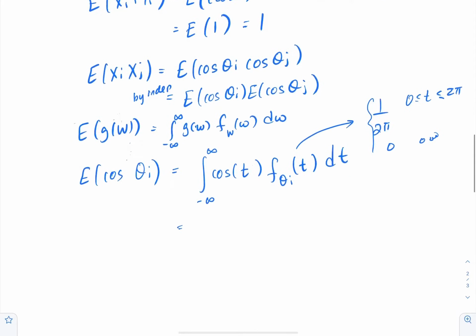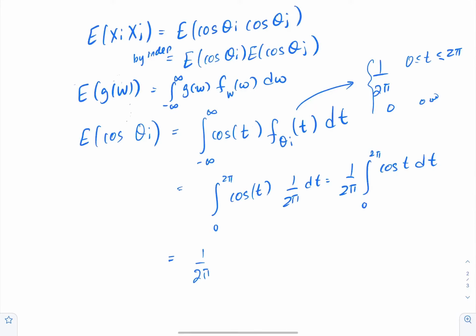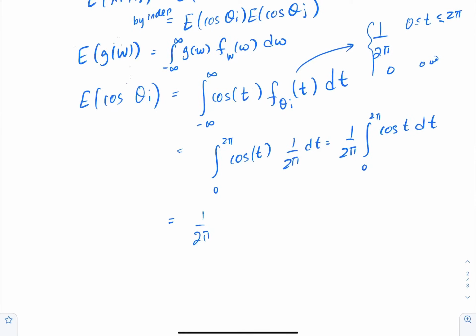So this integral will be the integral from 0 to 2 pi of cosine t times 1 over 2 pi dt. And that integral just turns out to be 0. The integral of cosine is sine, going from 0 to 2 pi, and so you get 0.